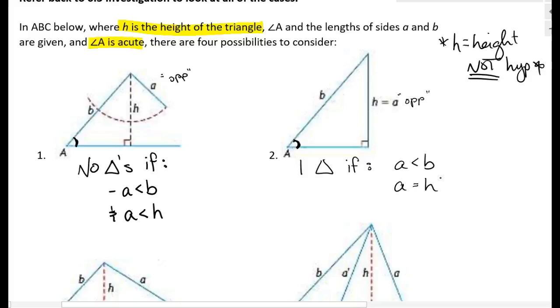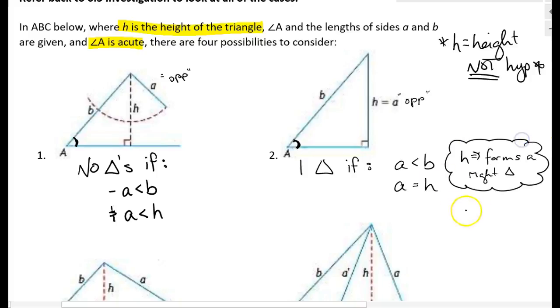So how can we calculate the height? Well, we can use trig because the height is always going to form a right angle, because we take the shortest distance. So we would find the height disregarding A, because A is what we're going to be comparing to.